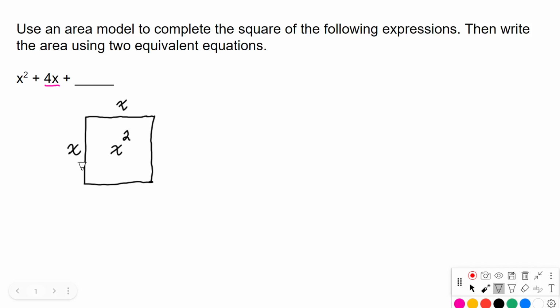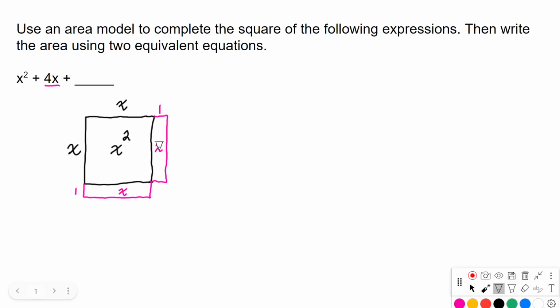Now notice that one side has the length of x, so this side here also has the length of x. If I add a rectangle that has a unit length of 1, and this side is x, this rectangle is also going to have an area of x. And I'm going to put a matching one on my other dimension so that it is also an area of x with a unit dimension of 1.